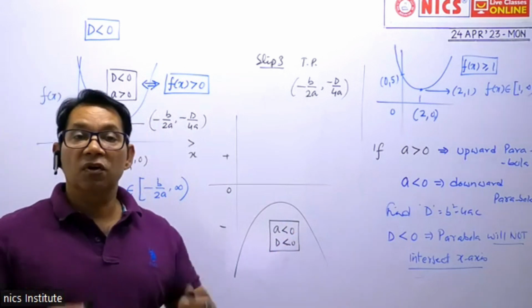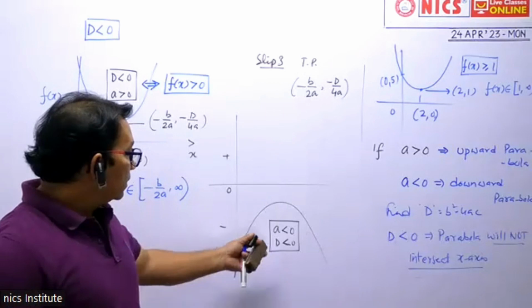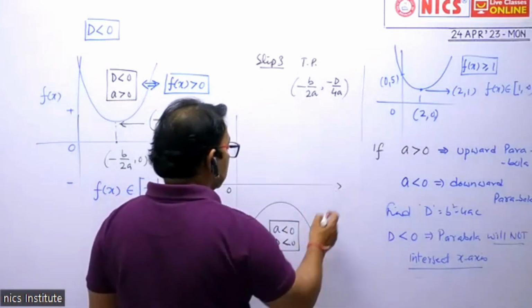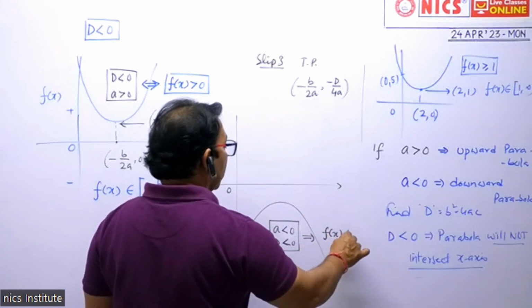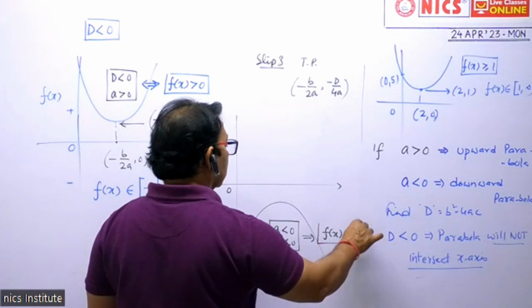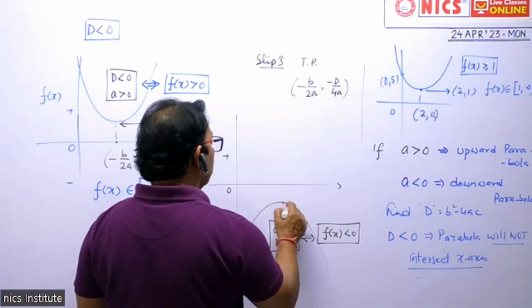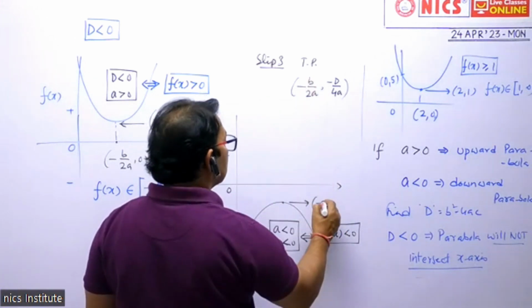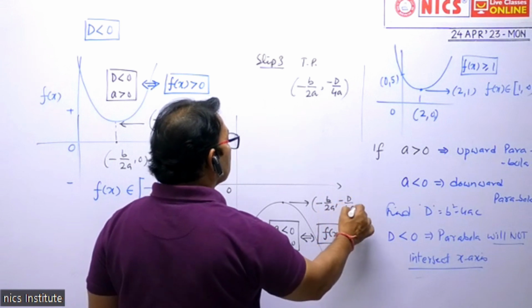Because A is less than 0, the graph has to be a downward opening parabola, right? D is negative, that means it won't be intersecting the x-axis. That means in this situation, this quadratic expression would be always negative. So this would imply this, and this would imply this. The turning point remains the same. TP would be the same as this, minus b by 2a comma minus d by 4a.